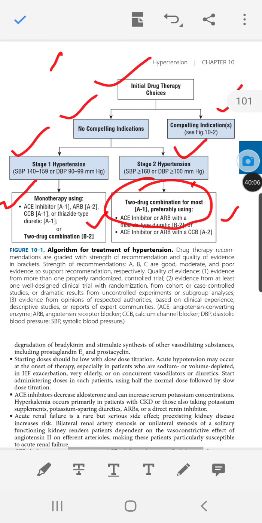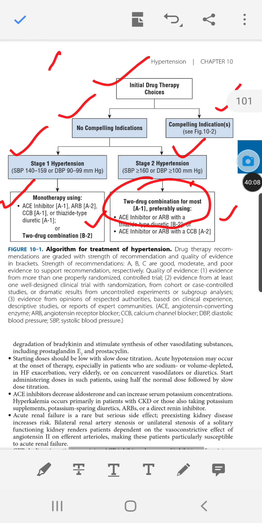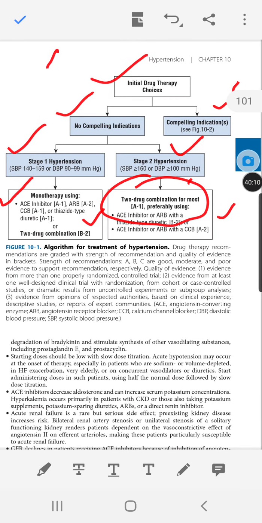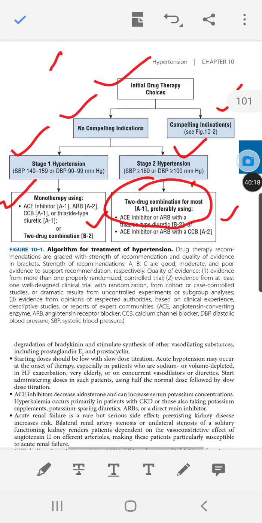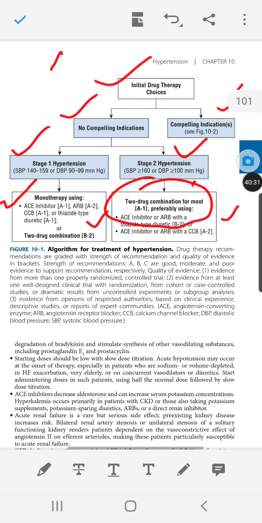Beta blockers are added when there is a compelling indication, or a heart problem. But mostly, the combination therapy includes thiazide diuretics with ACE inhibitors, or calcium channel blockers with ACE inhibitors. The calcium channel blocker and ACE inhibitor combination is very common, and most people are using this.